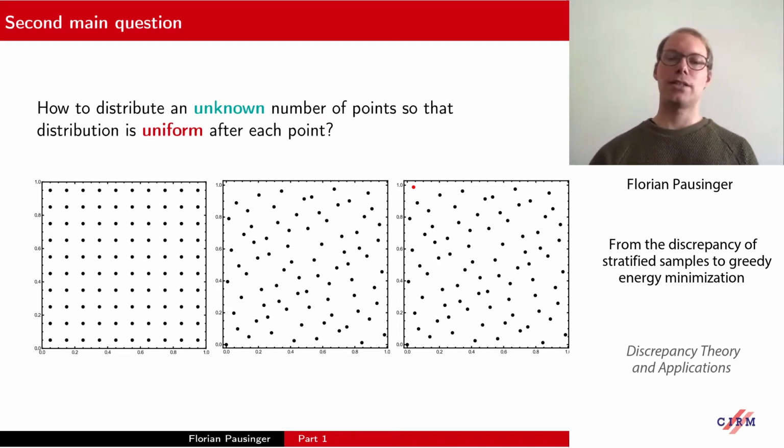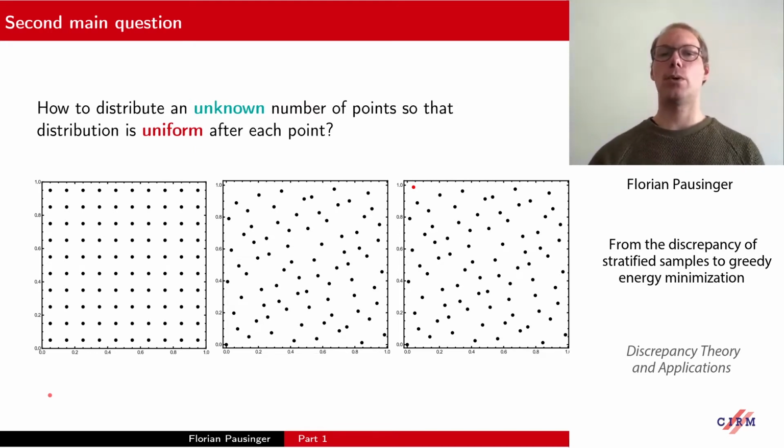And you can imagine this is a much harder problem. You can see here in the middle picture, we distributed a certain number of points, and now the question is, where should I place the next point, which is the red dot in the right picture, so that the overall distribution remains good? To illustrate this problem further, imagine you have a square number of points to distribute.